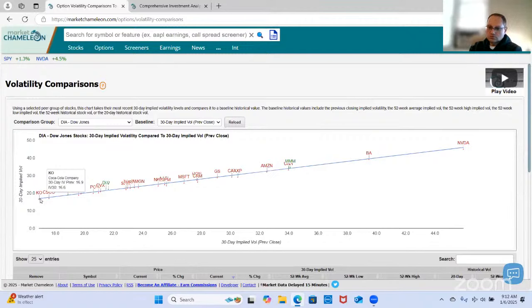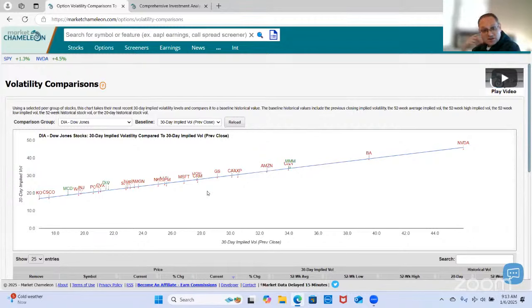Coca-Cola, right? Where are the implied volatilities clustered around? So it looks like maybe around here in the mid 20 range. All this we could quickly visualize once we understand what the graph is. Boom, we're on there and we see it right away, right?